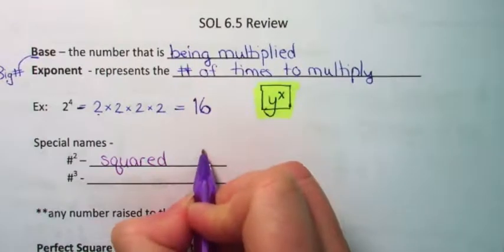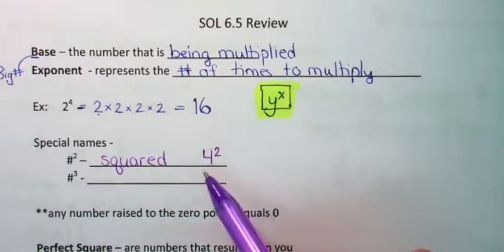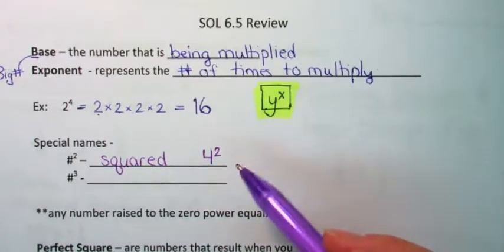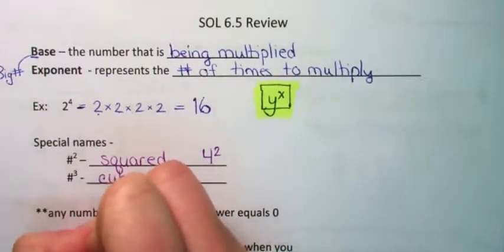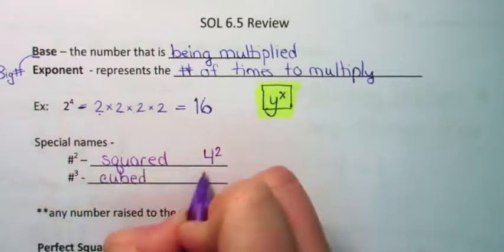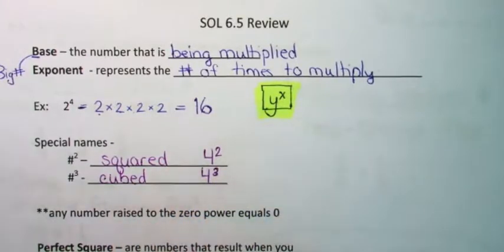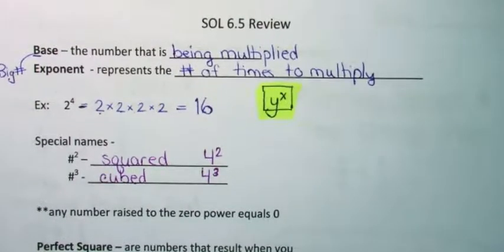So if we had 4 with the exponent 2, we would read this as 4 squared. And if we had that little exponent 3, remember it means cubed. So if it had been 4 to the 3rd power, we would say 4 cubed. So just 2 of our special names that we have. The rest you just say to whatever power, 4th power, 5th power, 6th power, whatever that is.